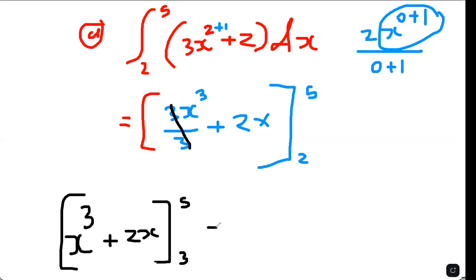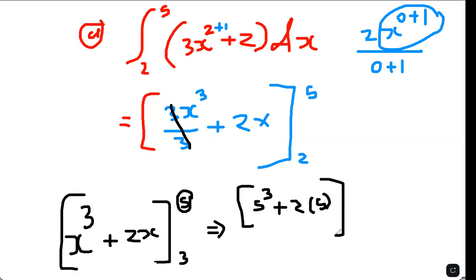What do you do with them? I said you substitute. So where there is x, we are putting 5, which gives us 5 power 3 plus 2 multiplied by 5. This is the substitution of the upper limit minus the substitution of the lower limit.